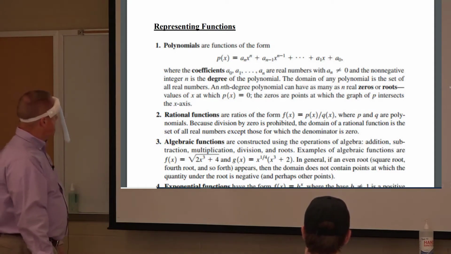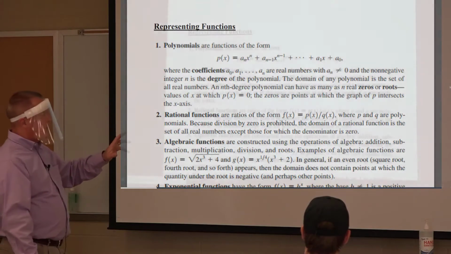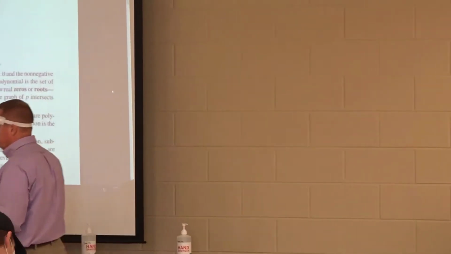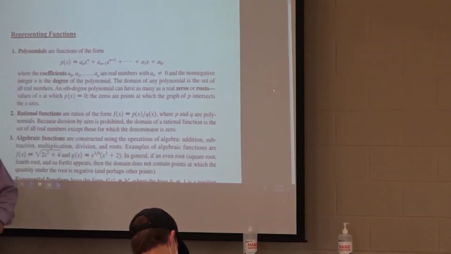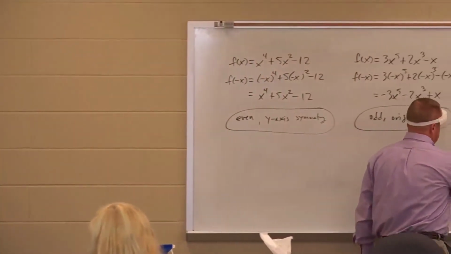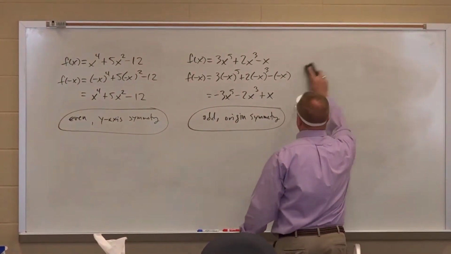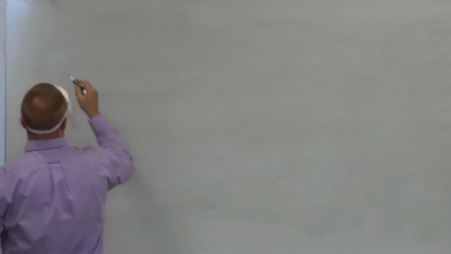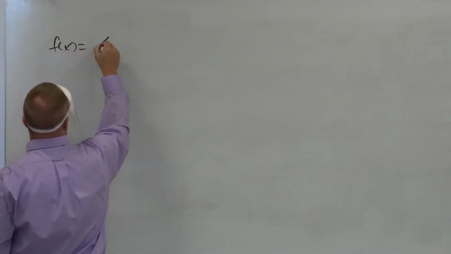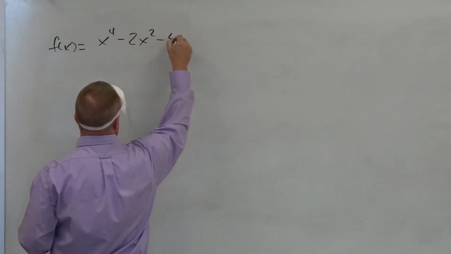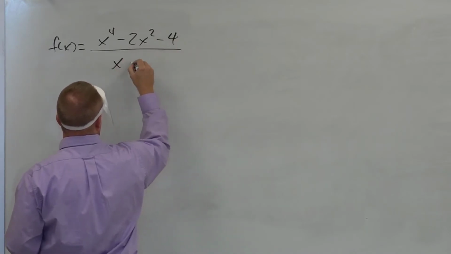Rational functions are just a polynomial divided by a polynomial. If I were to take one of these, we've got that over x minus 1.